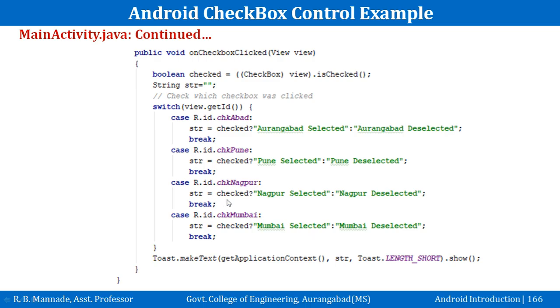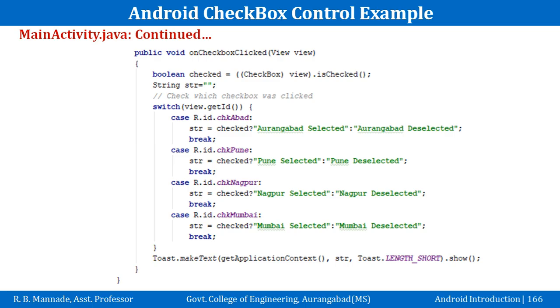Here we are using a conditional operator: str is equal to checked. If checked is true, then the string "Nagpur selected" will be stored in the str variable. Otherwise, if the checked variable is false, the string "Nagpur deselected" will be stored in str.